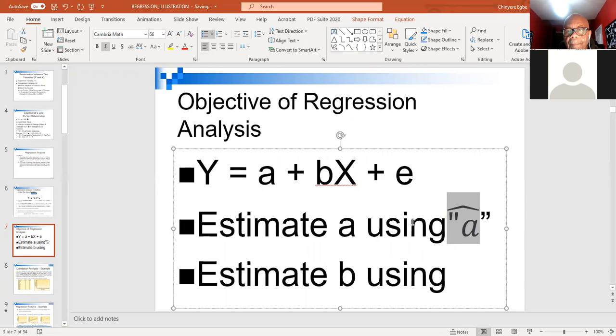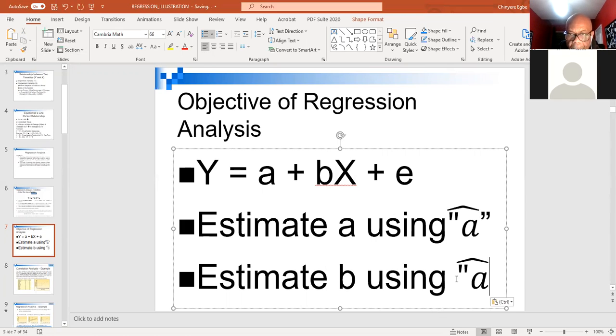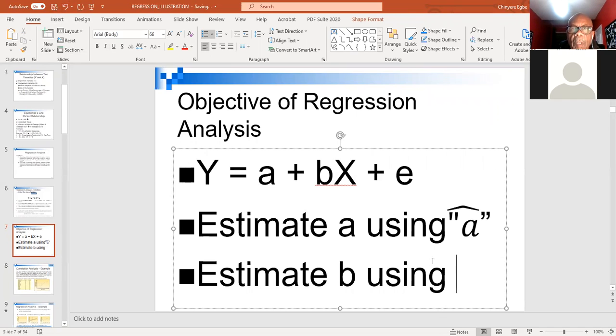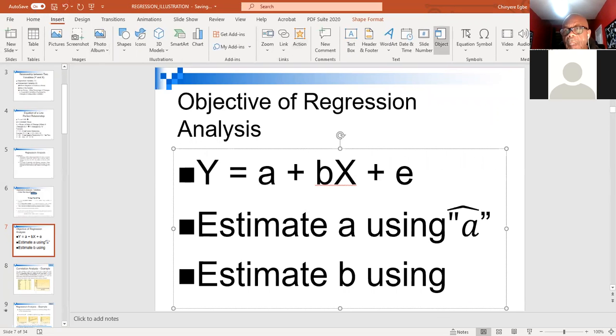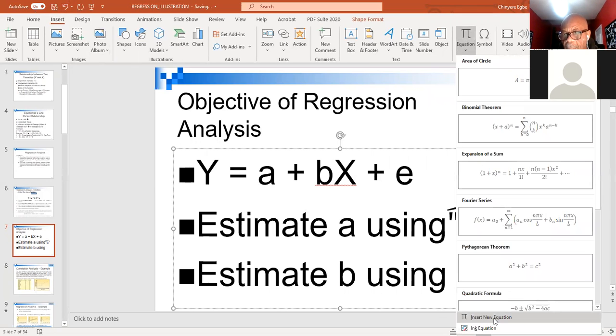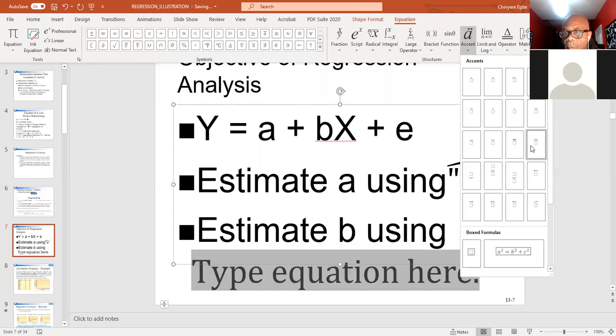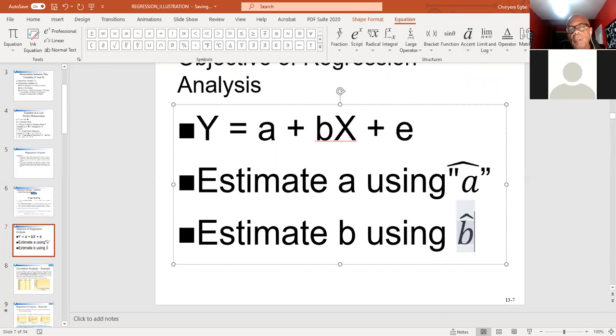We're going to estimate B using B hat. Okay.